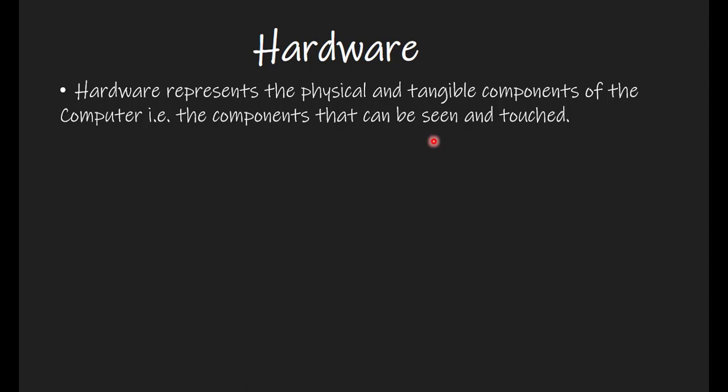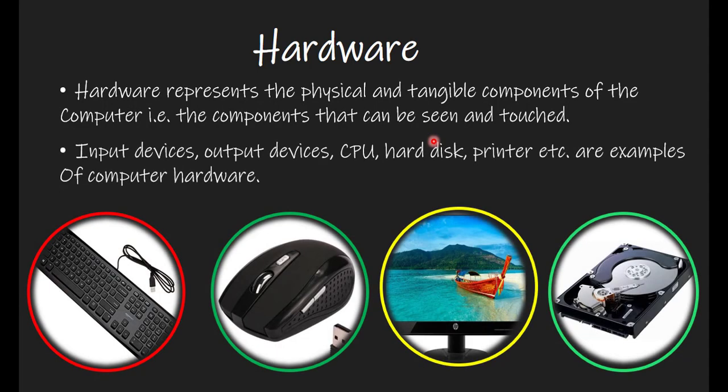What all components come under hardware? All the input devices, all the output devices, CPU, hard disk, printer, pen drives, floppy disk, whatever we can see and touch comes under computer hardware. Below I have shown some examples. Let's move to software.